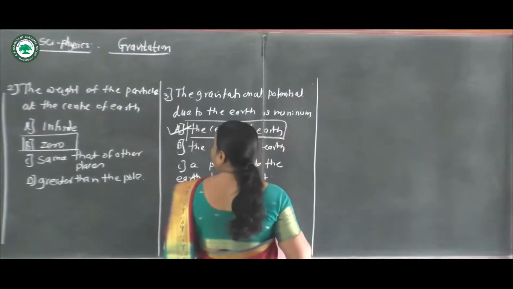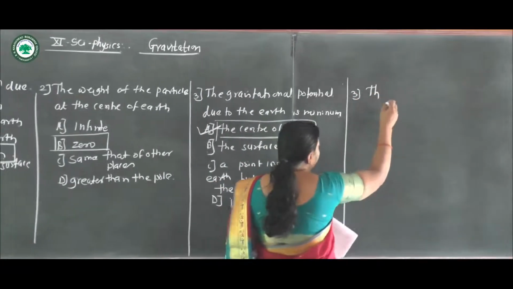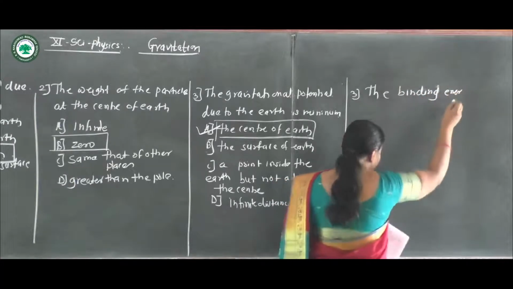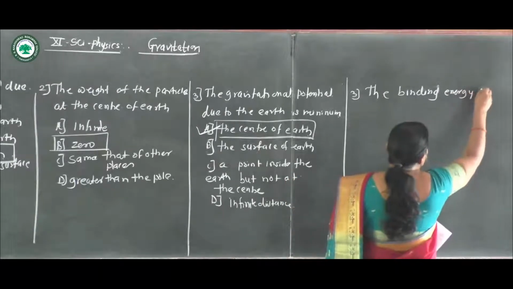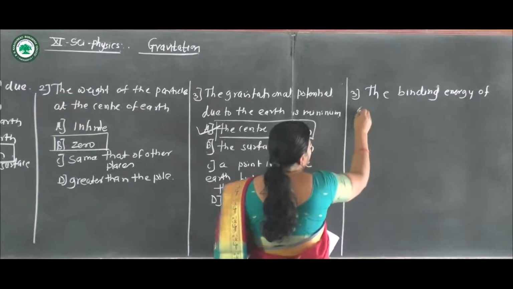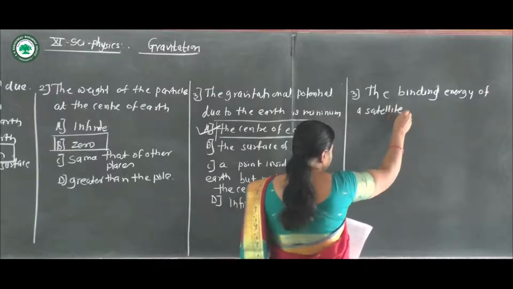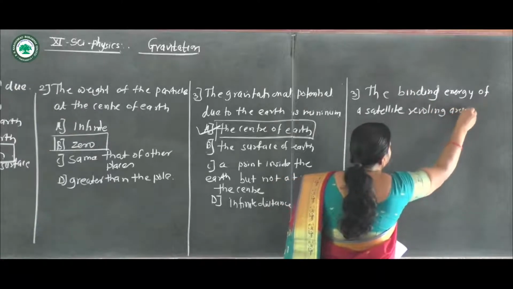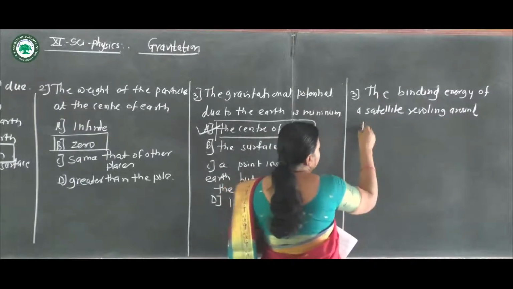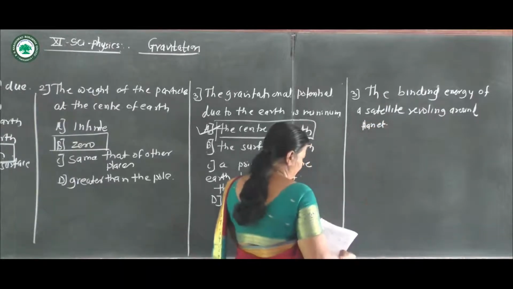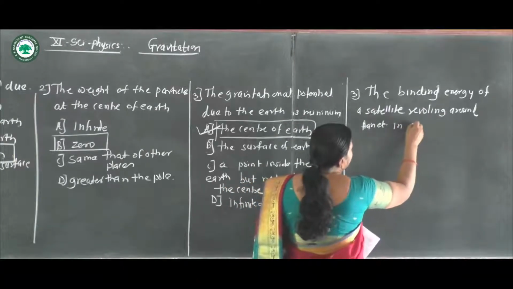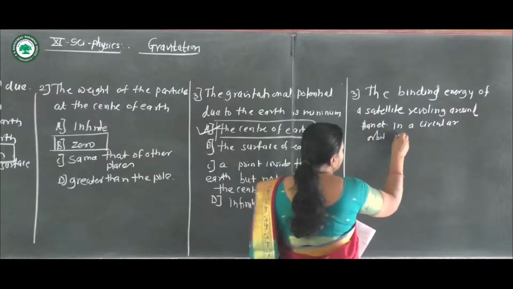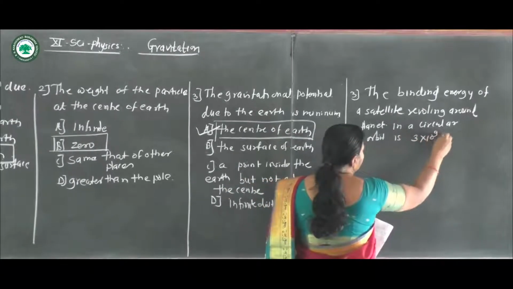The binding energy of a satellite revolving around the planet in a circular orbit is 3 into 10 raised to 9 joule.